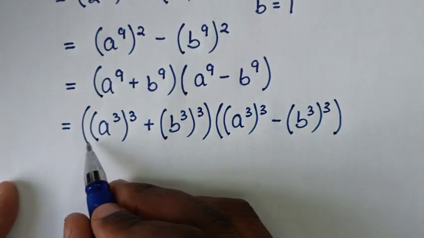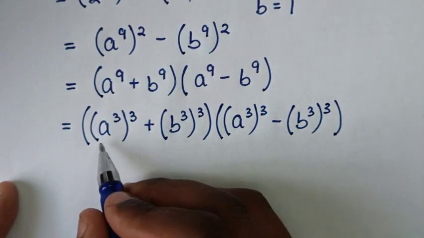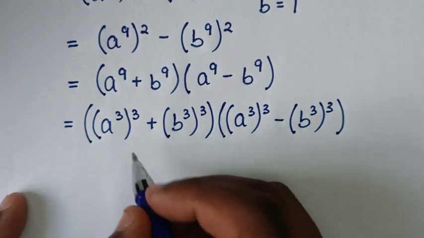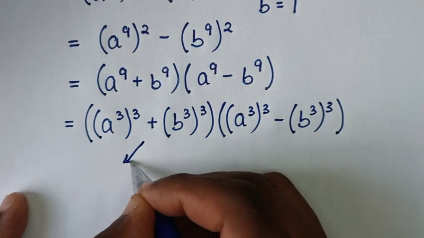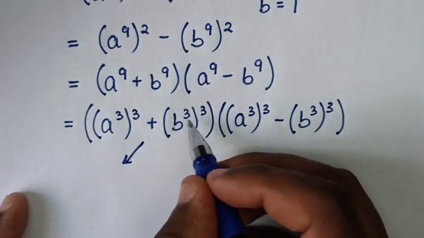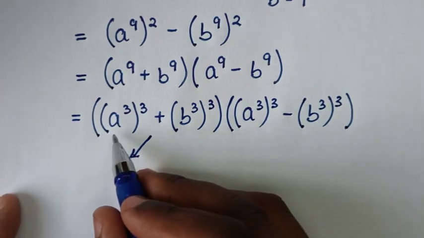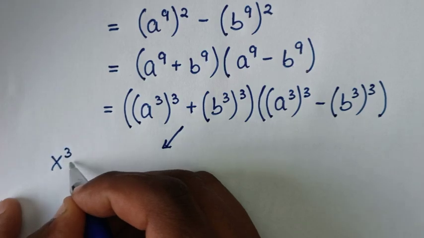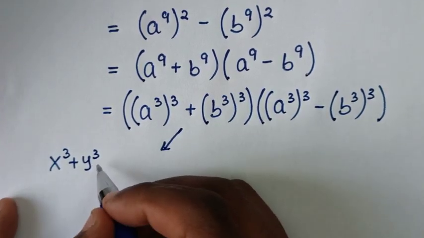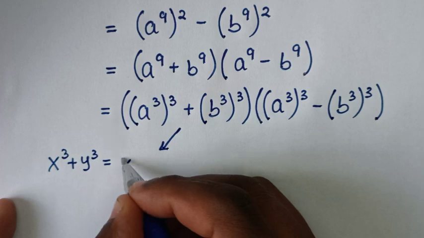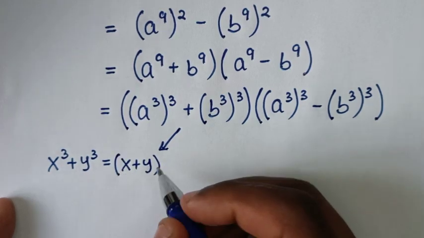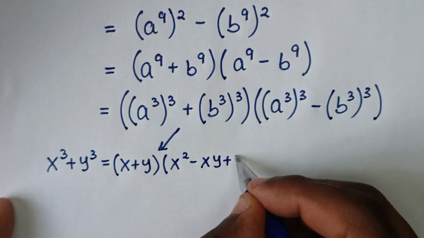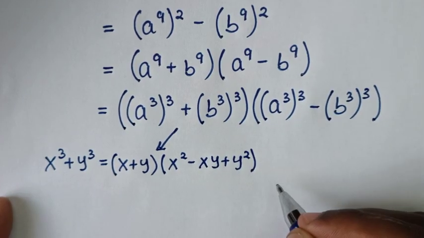Then in the next step, this is in the form of a perfect cube, and this is in the form of a perfect cube. So here we'll apply the perfect cube rule, whereas it has power of 3 plus this power of 3. The algebraic rule in this form is x power of 3 plus y power of 3, which is equal to x plus y bracket times x square minus xy plus y square bracket.